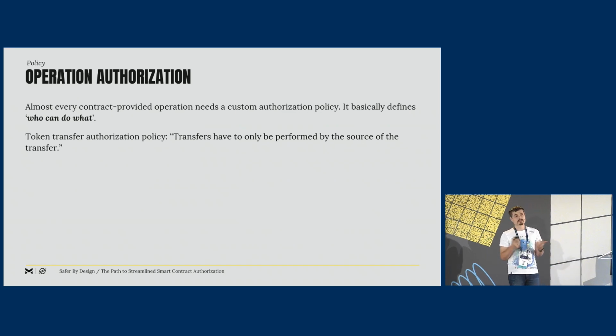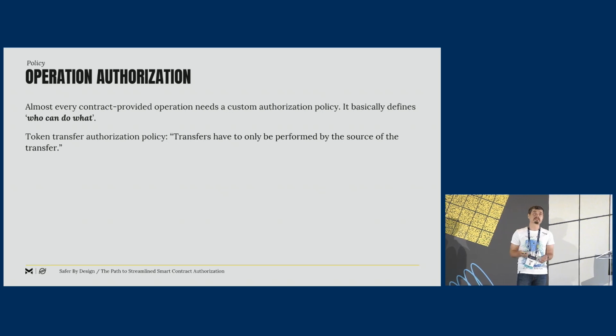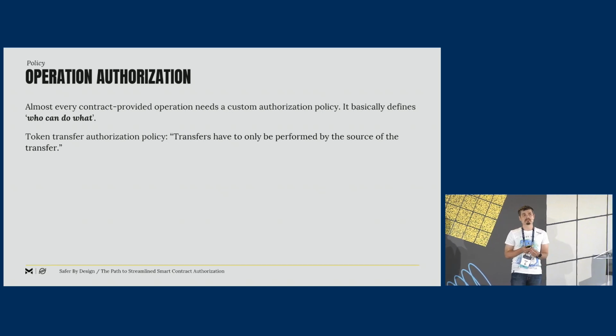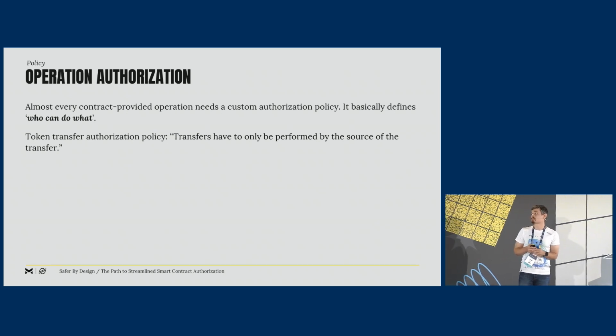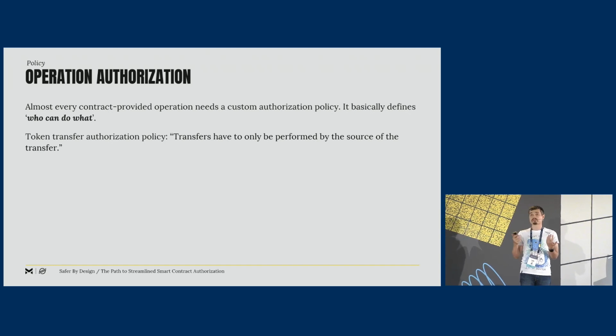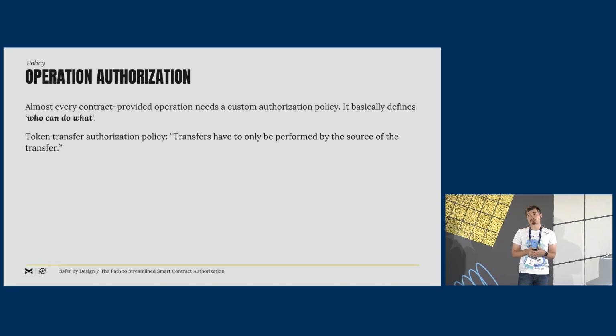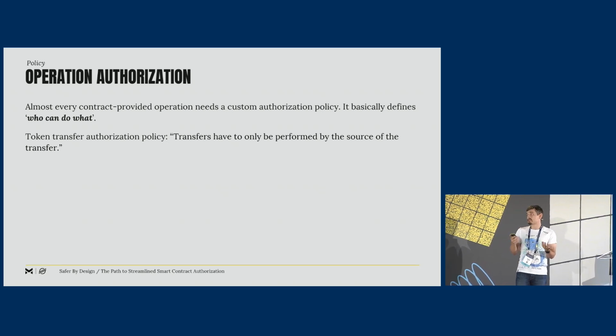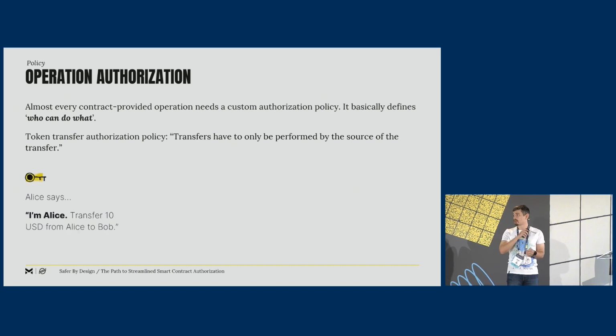We start with the basic thing, which is the operational authorization. Every smart contract operation needs some policy defined for this operation. For example, in the case of a token, transfers have to only be performed by the user who is the source of the transfer. Basically, the operation authorization policy is who does what.